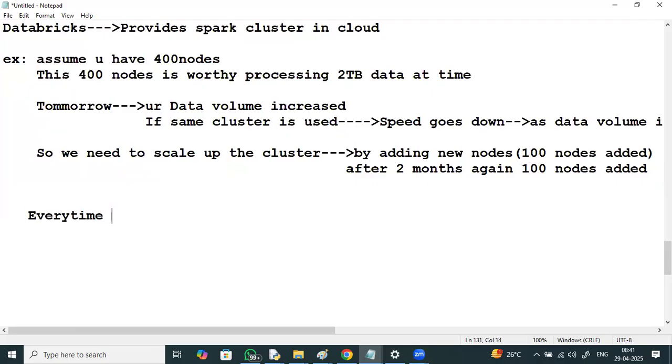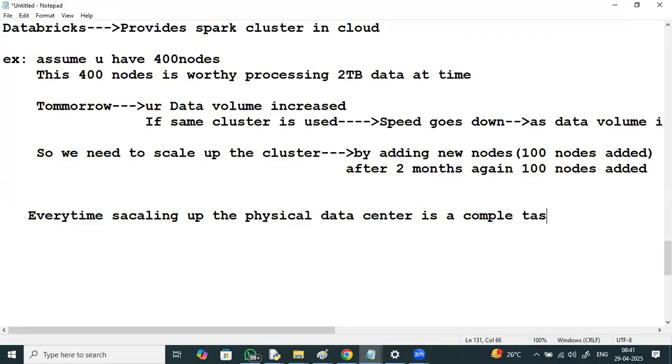But scaling up a physical data center every time is a complex task. So that's why I need the same cluster in the cloud.